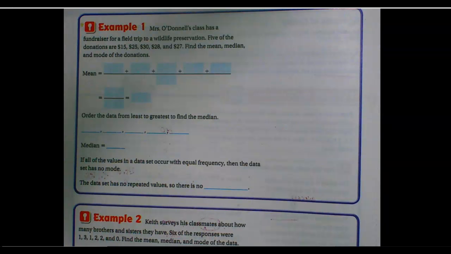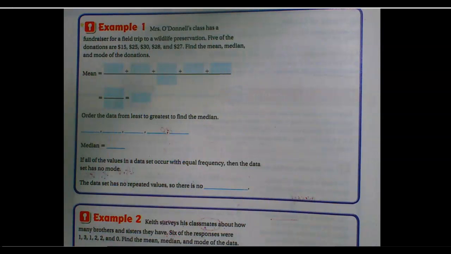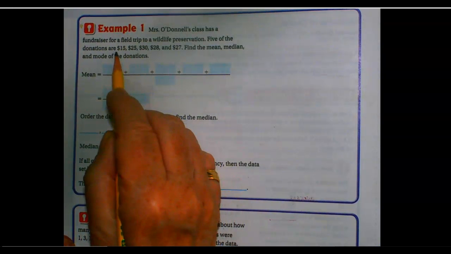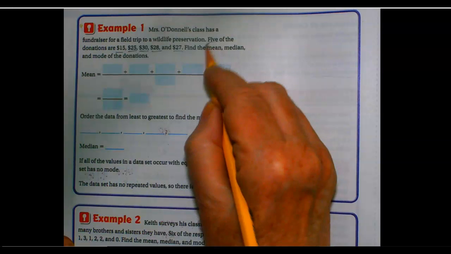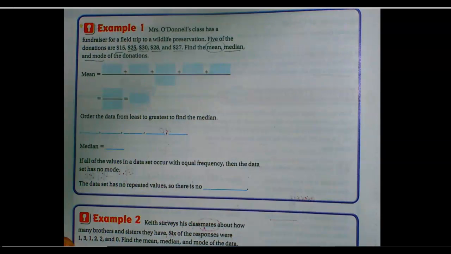Example 1. Mrs. O'Donnell's class has a fundraiser for a field trip to a wildlife preservation. 5 of the donations are $15, $25, $30, $28, and $27. Find the mean, the median, and mode of the donations.